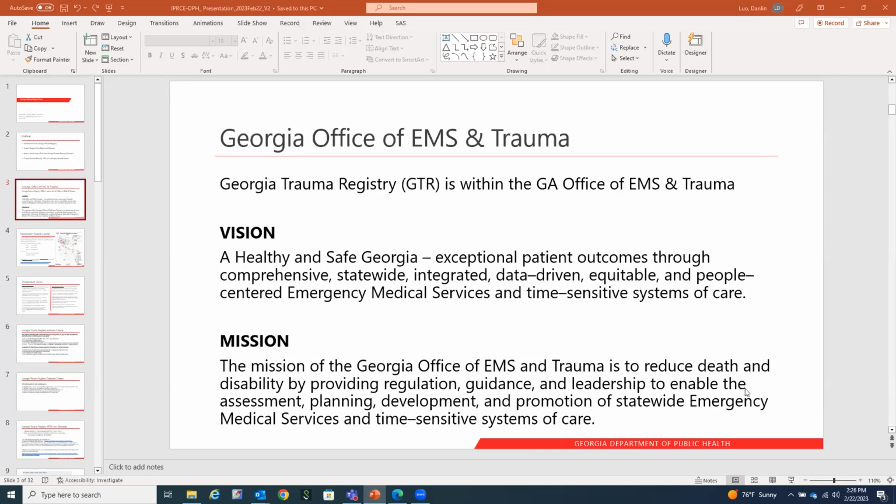The mission of the Georgia Office of EMS and Trauma is to reduce death and disability by providing regulation, guidance, and leadership to enable the assessment, planning, development, and promotion of statewide emergency medical services and time-sensitive system of care.